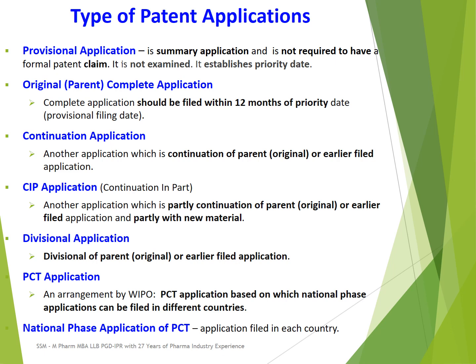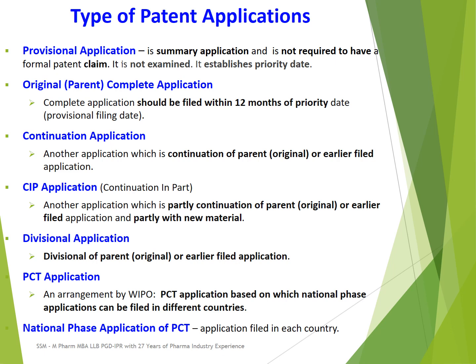So in order to solve this problem, WIPO came up with the solution of the PCT application. The PCT application is through the Patent Cooperation Treaty, a treaty which is signed by more than 150 countries. Through this treaty, the applicant can file a PCT application in his home country.